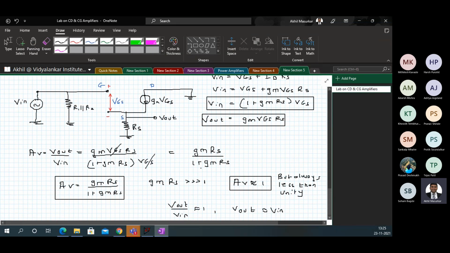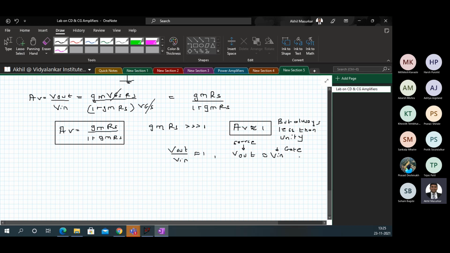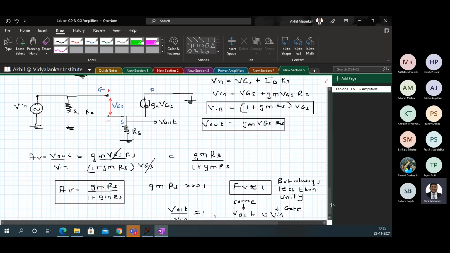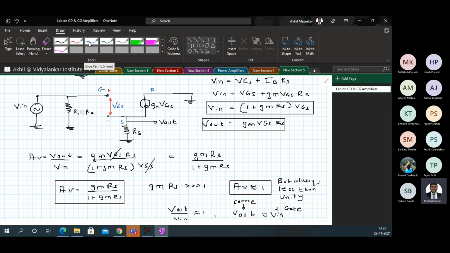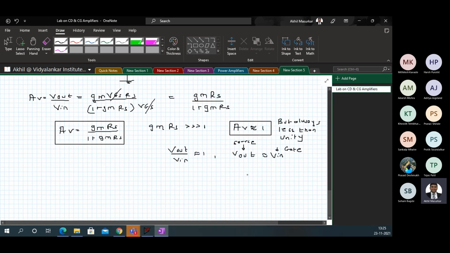You can see Vout is taken at the source, and this is the gate. So the voltage at the source follows the voltage at the input, that is the gate, and hence this circuit is also called a source follower.